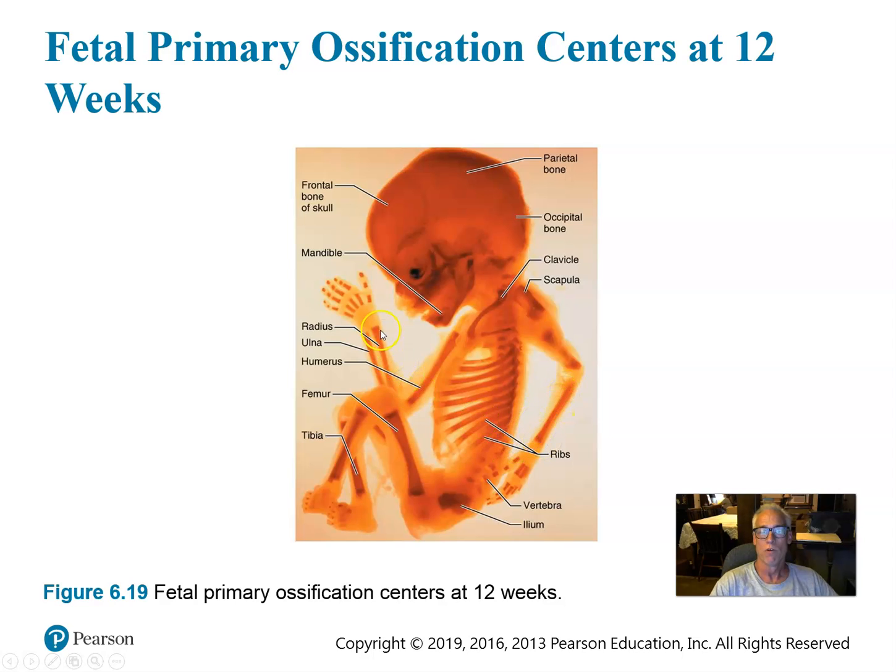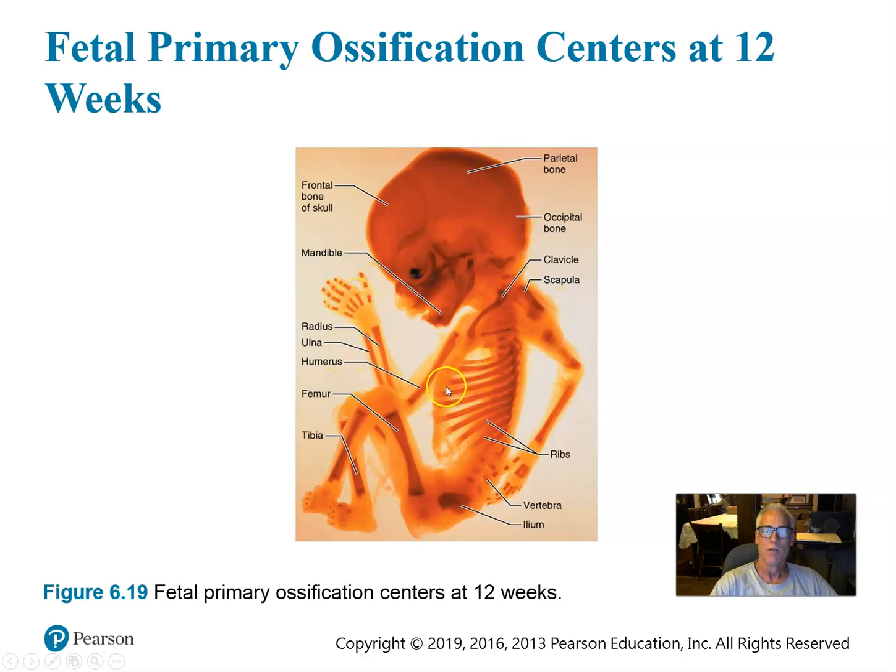They're the bones of the forearm, the humerus of the upper arm. Those bones have primary ossification centers. Compact bone is forming in the diaphysis of these bones, but there are no epiphyses yet. There's no secondary ossification centers yet. Same thing here. We see the metacarpals and the phalanges. The long bones have begun their primary ossification, but there are no secondary ossification centers yet.